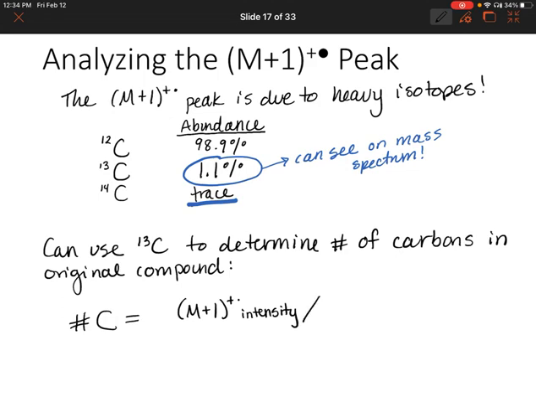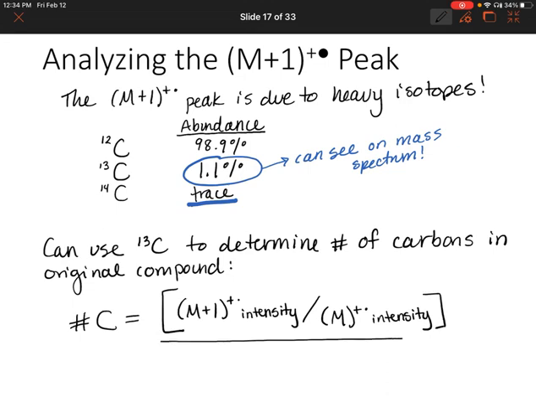And then we're going to divide that by the intensity of our parent peak, the M peak. Then we're going to divide that whole thing by 1.1, which is the ratio of carbon-13, or the abundance of carbon-13. And then we'll just multiply all of that by 100.